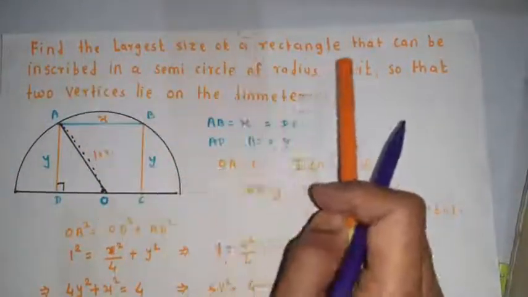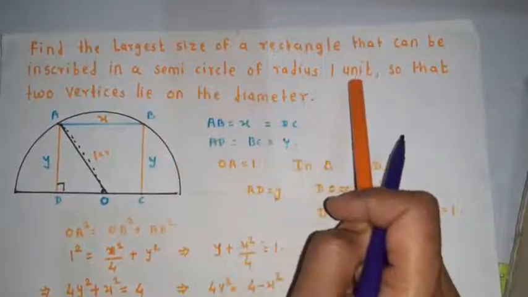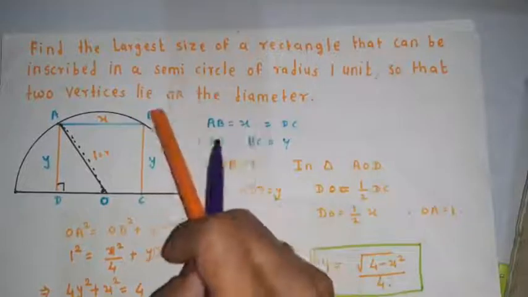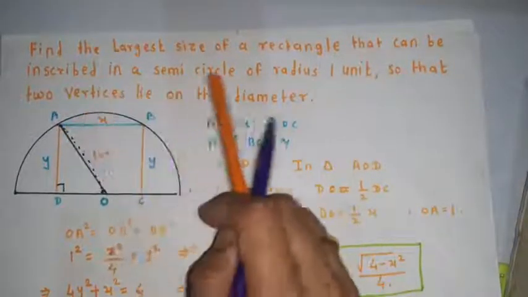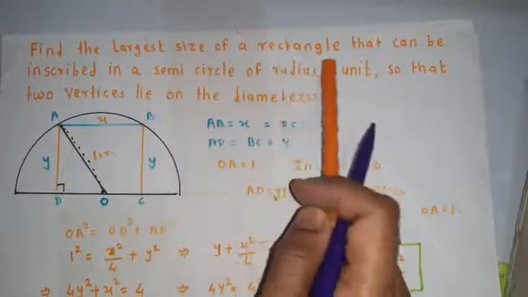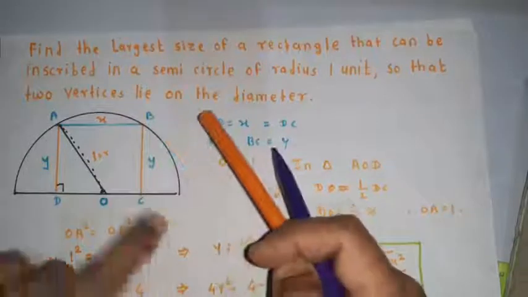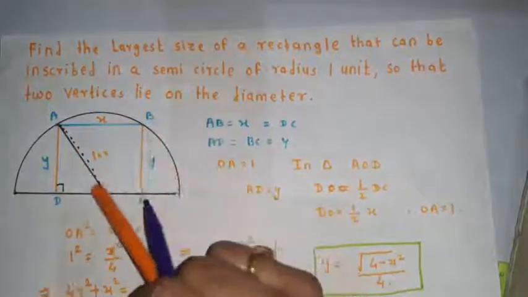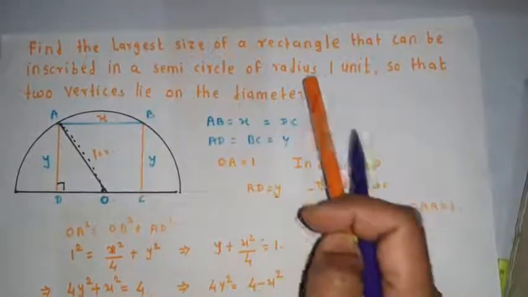Find the largest side of the rectangle that can be inscribed in a semicircle of radius 1 unit, so that two vertices lie on the diameter. So we have to find the largest side of the rectangle that is inscribed in a semicircle. I have drawn the diagram. By using this diagram you can solve the problem, students. Okay, so please try it.